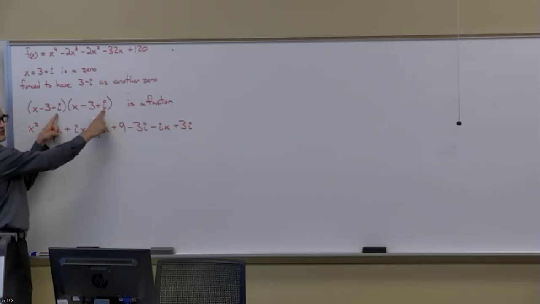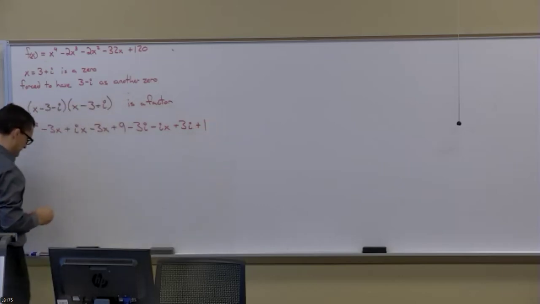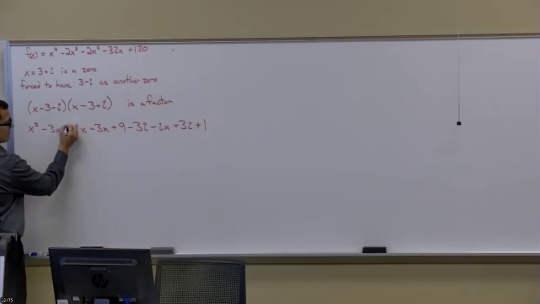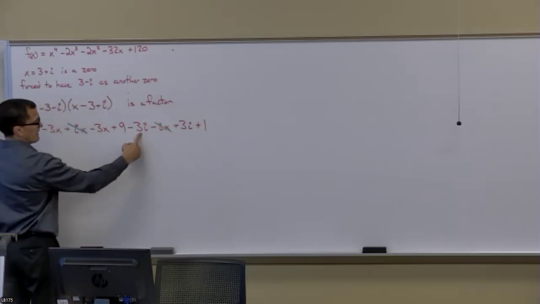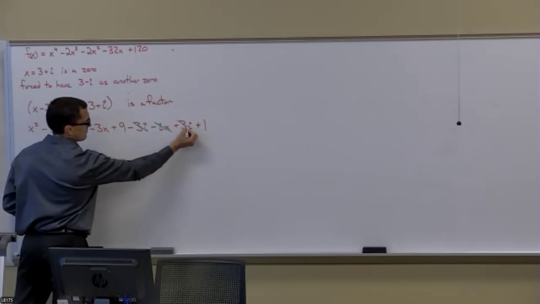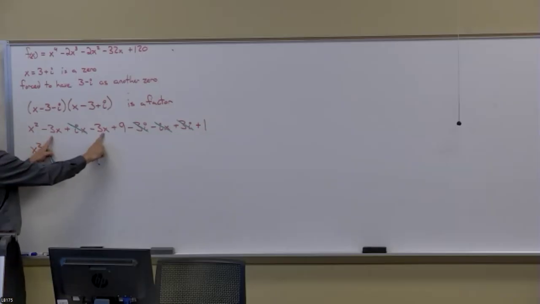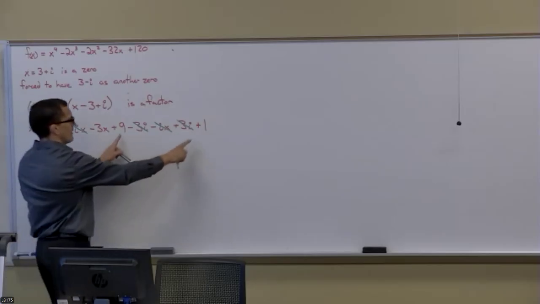Negative i times i is a plus 1. And then we do that thing where we notice that plus ix minus ix are going to cancel. Minus 3i plus 3i are going to cancel. I'll be left with x squared minus 6x plus 10.